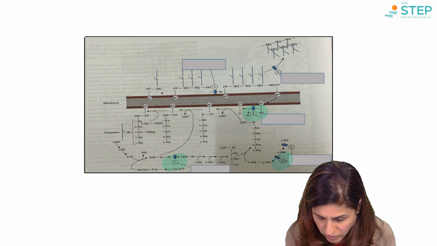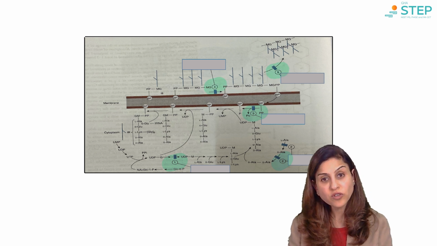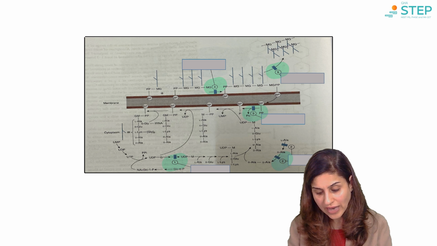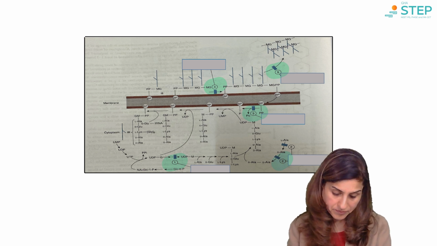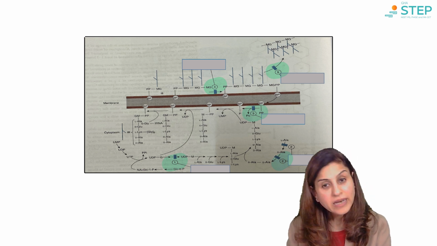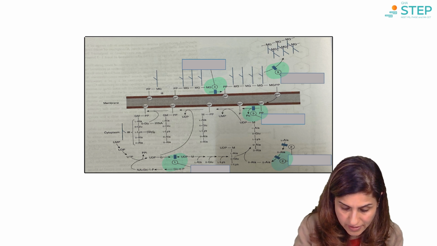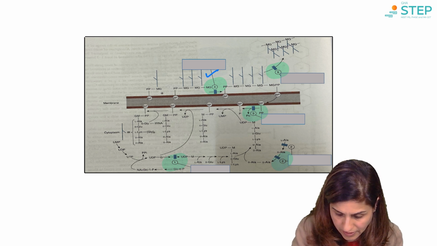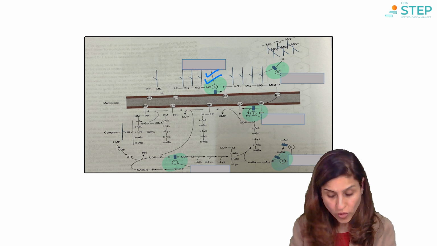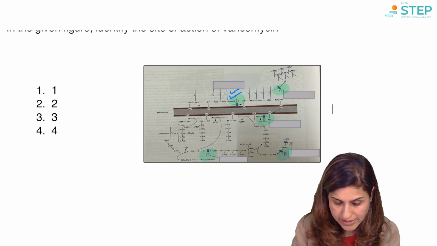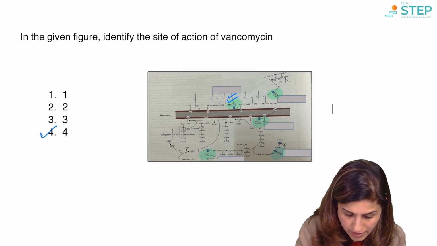This is site number 3, site number 4, site number 5. So which of these would be the site of action of vancomycin? So here the correct answer is site number 4. So here we will mark site number 4 as the correct option.